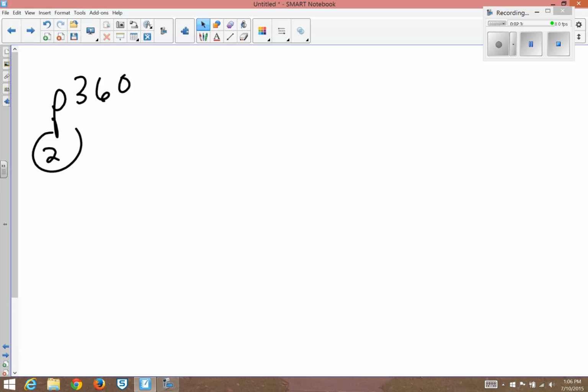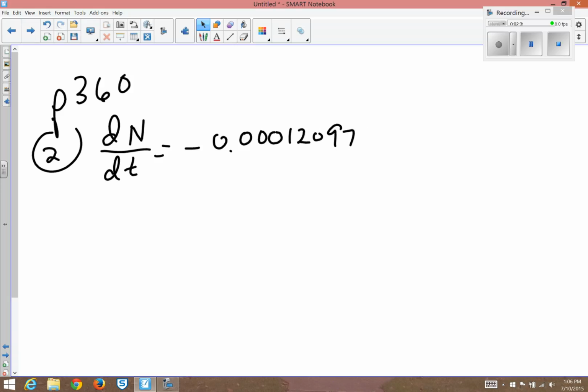That means the rate at which the amount of carbon-14 is decaying with respect to time is equal to negative 0.00012097 times the amount of carbon-14 present.